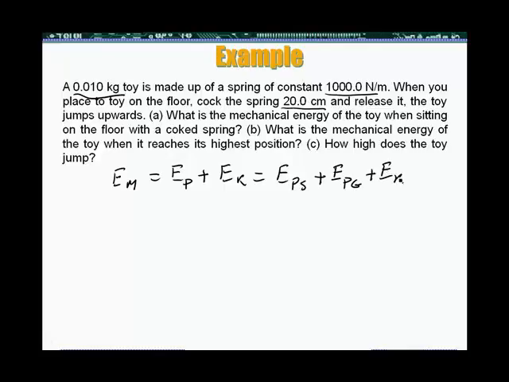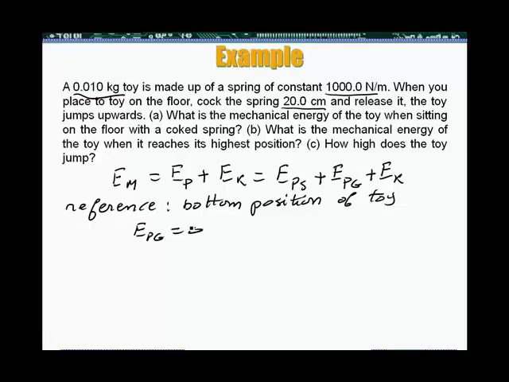Okay, now at ground level, we use that as reference, the bottom position of the toy. That makes our gravitational potential energy at that level equal to 0.